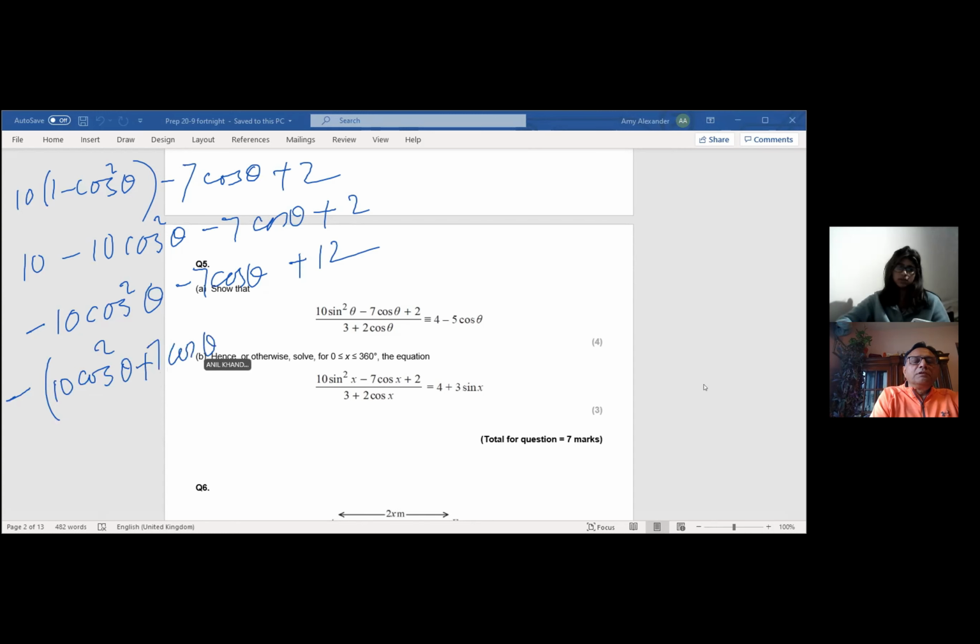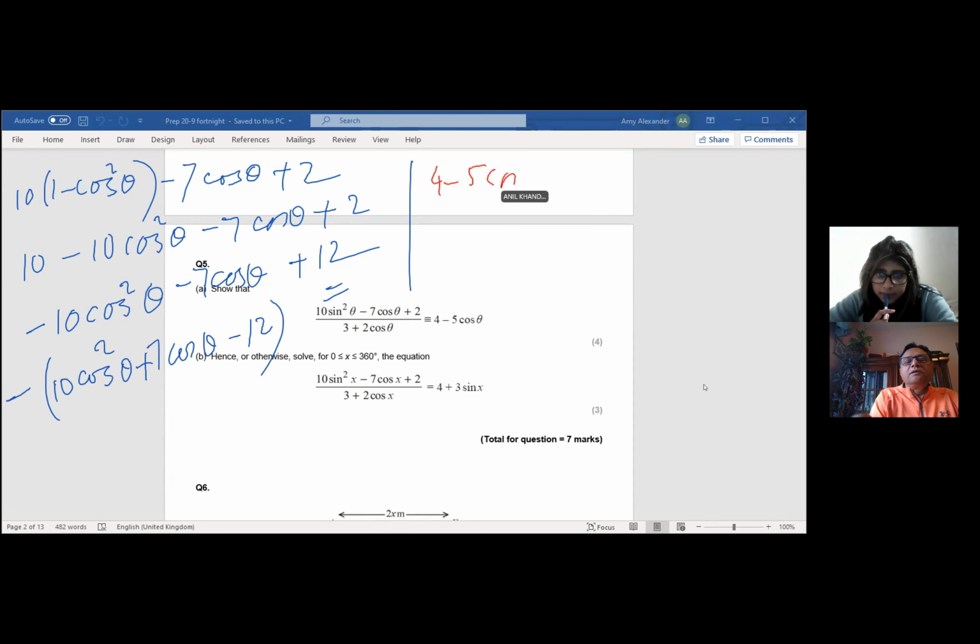Correct. And we'll cross multiply this and write that equal to 4 minus 5 cos theta times 3 plus 2 cos theta, right?